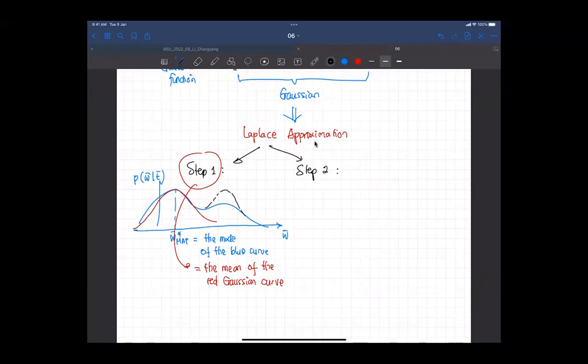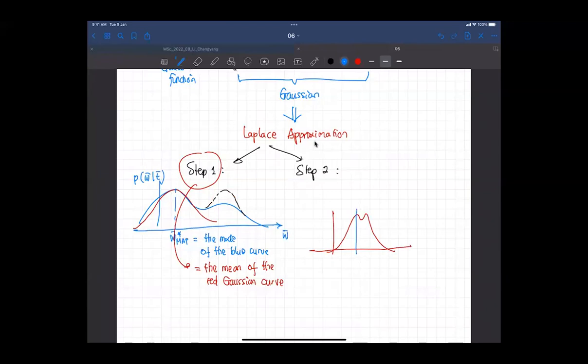Because if you have two hills, it's impossible to approximate with a Gaussian; a Gaussian is not possible to be a good approximation. Unless, that's a good question, they are very close, like this one, for example. If you have something like that, that one will work.